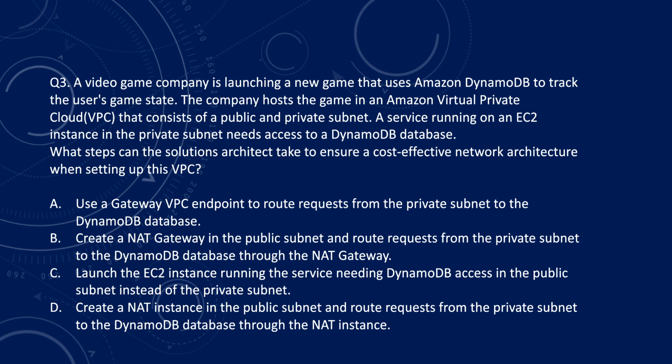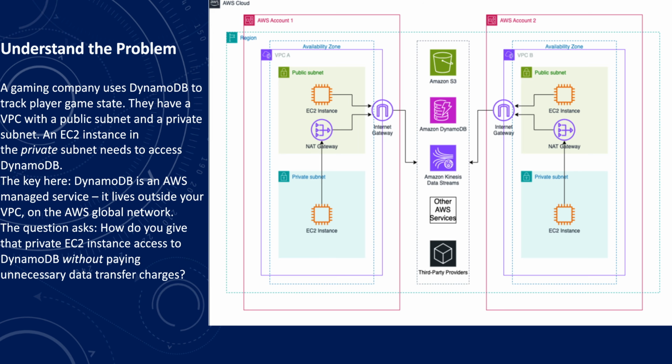So first, let's understand the question. The question is about a gaming company. A gaming company uses DynamoDB to track player game state or stats. They have a VPC with a public subnet and a private subnet, and an EC2 instance in the private subnet that needs to access DynamoDB.